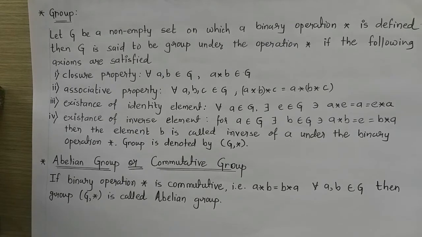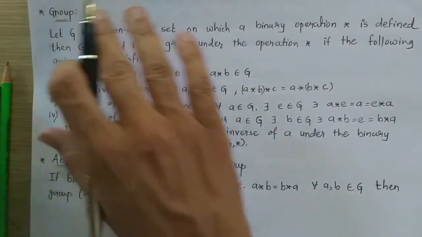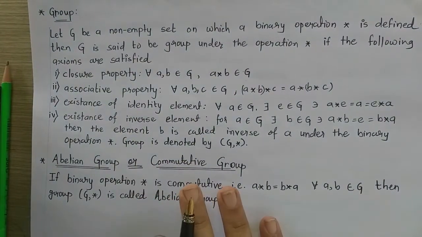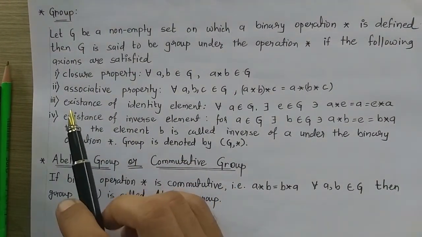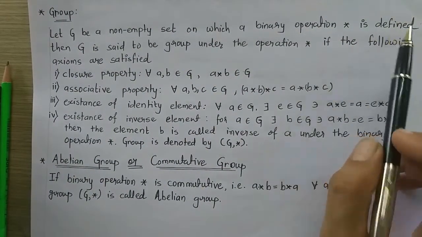Here is the definition of group. We will study groups more deeply in the third year, so here we only study the definition of group. So what is the definition? Let G be a non-empty set on which a binary operation star is defined.